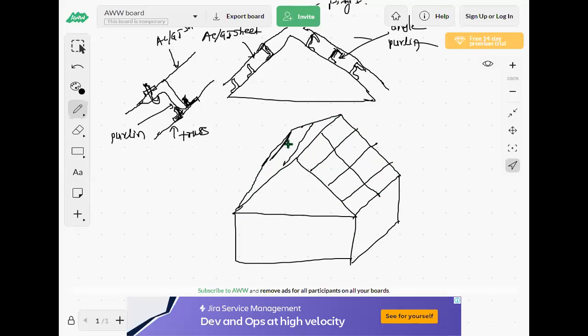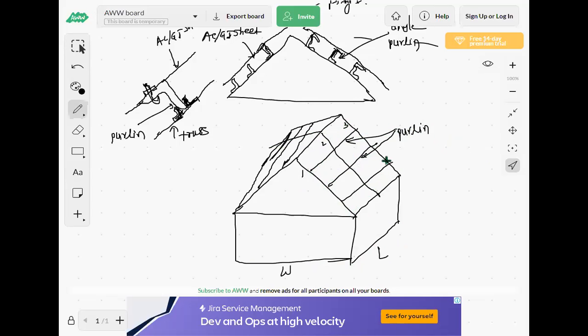This is the length and this is the width. This is the length of building, this is the width of building. So purlins are provided along the length and rested on the truss. This is the first truss, this is the second truss, this is the third truss.